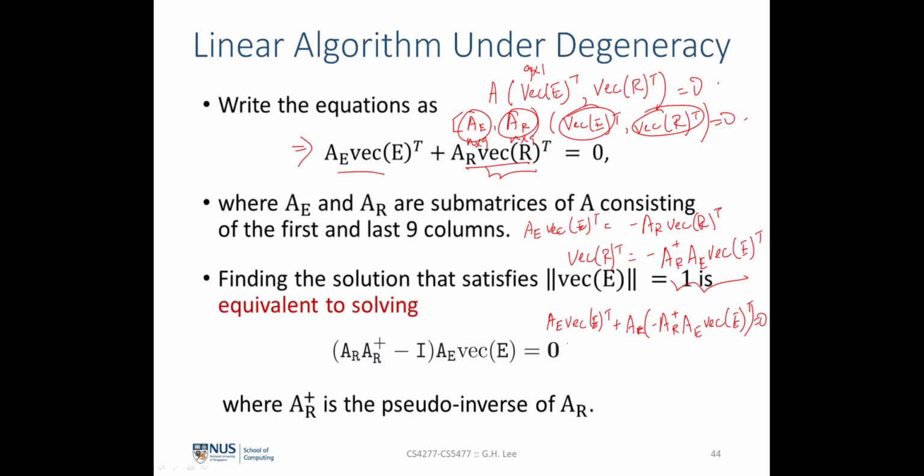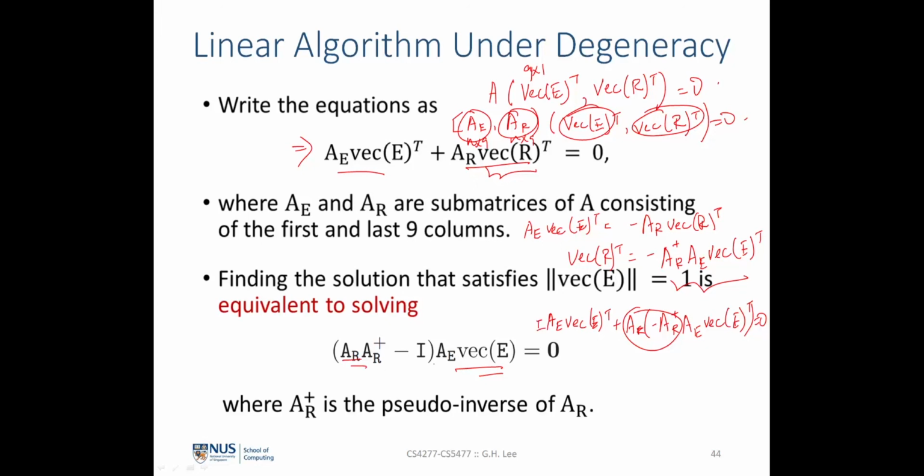So we can factorize out AE multiplied by the vector of E, and the other part would simply be AR multiplied by AR pseudo inverse minus the identity in this case.